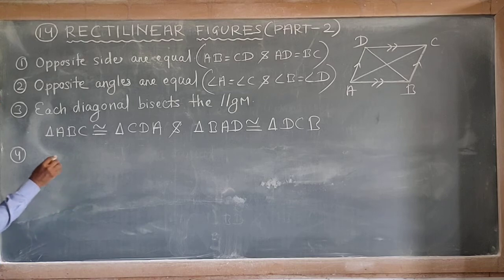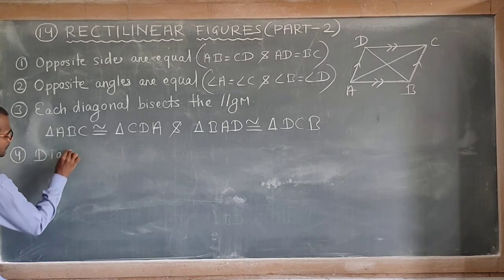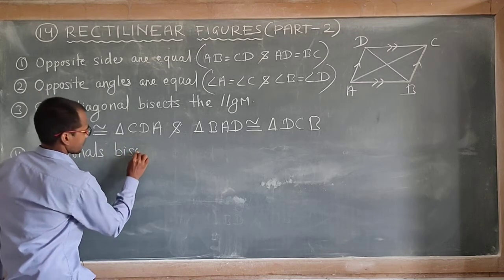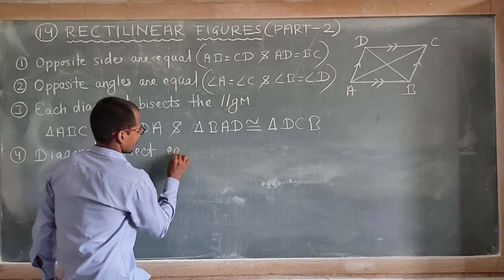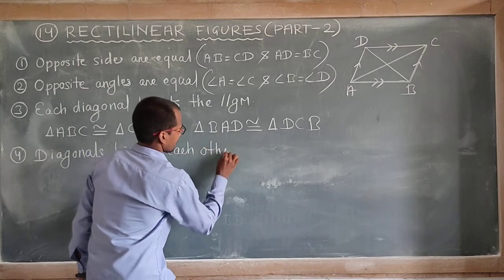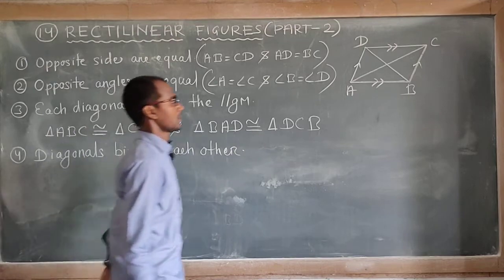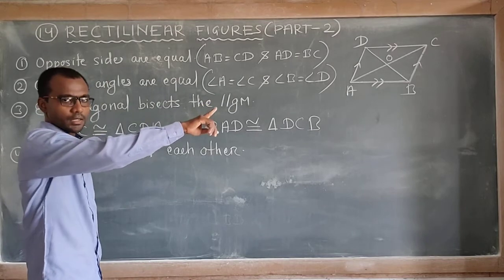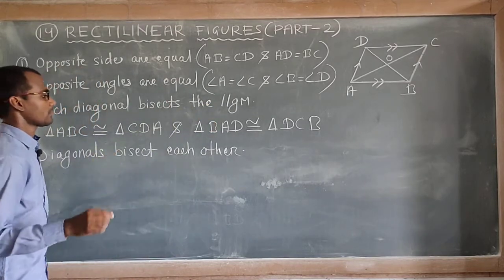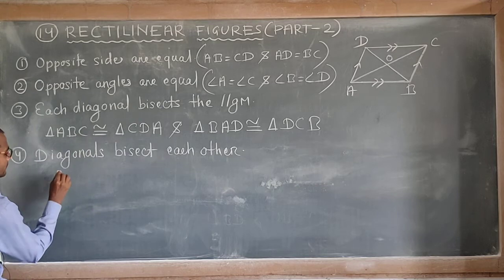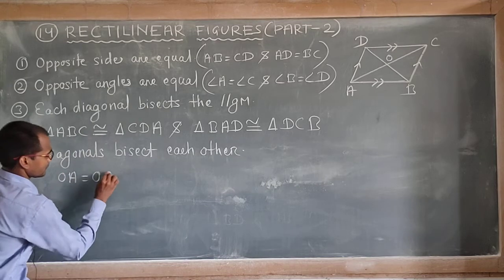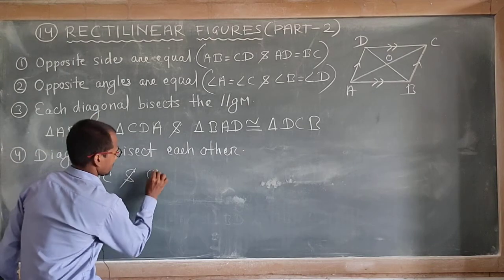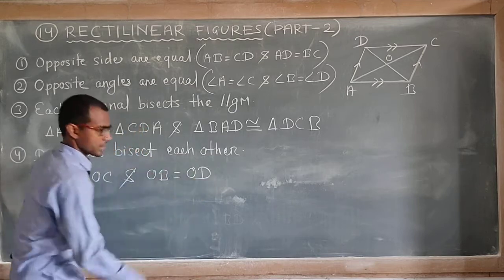Number 4. Diagonals bisect each other. Let the point of intersection of the diagonals be O. Now diagonals bisect each other means, in this case, OA equal to OC and OB is equal to OD.